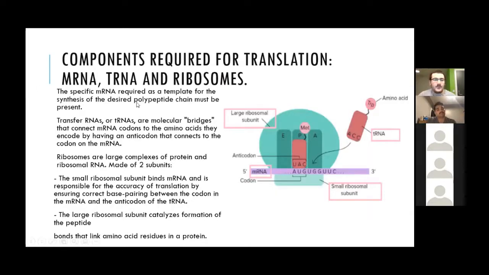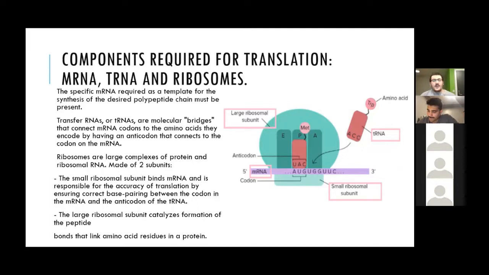Now let's go to what we need for translation. The basic components are the mRNA that you have from transcription, the tRNA that's going to bring you those amino acids, and the ribosomes that are going to first read and also catalyze the reactions between the peptides to form this growing peptide chain.